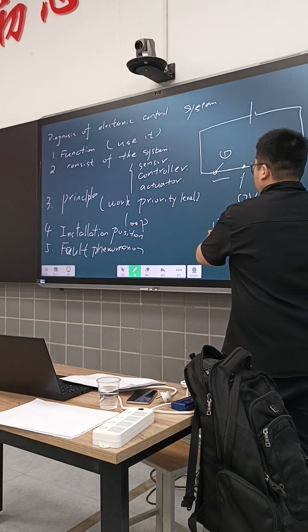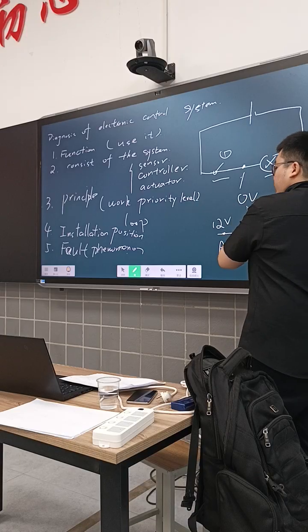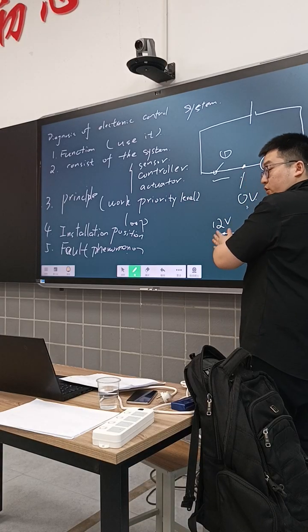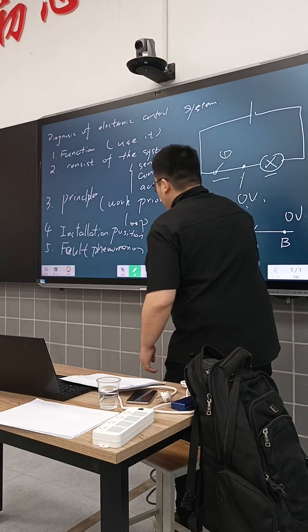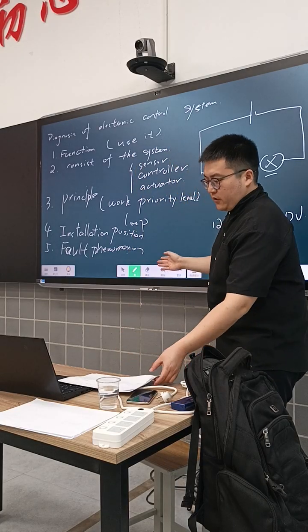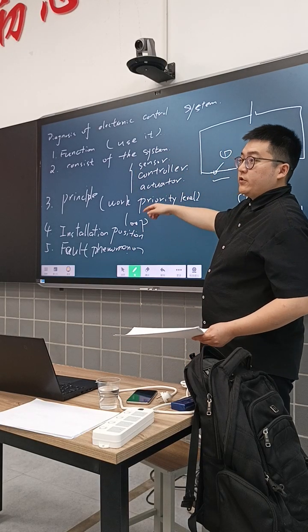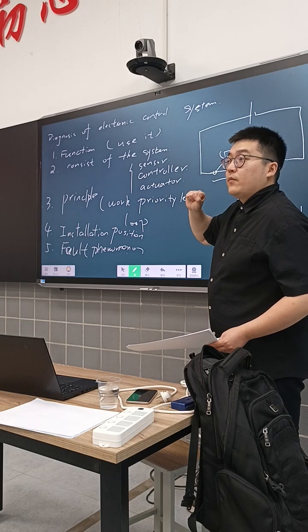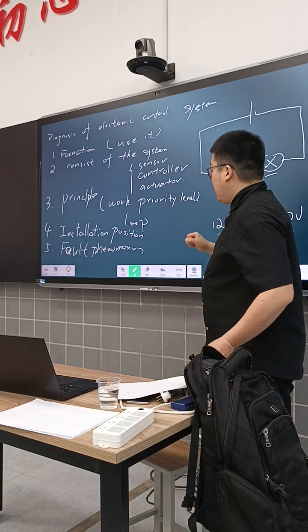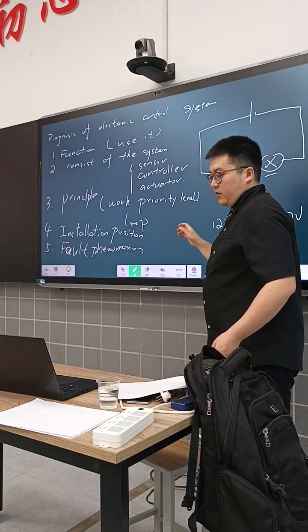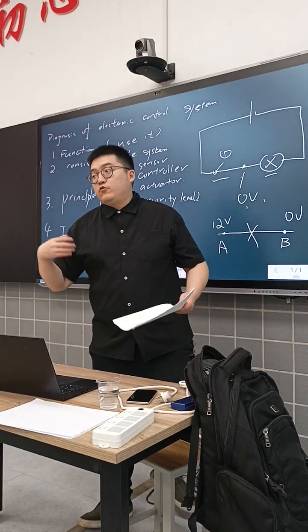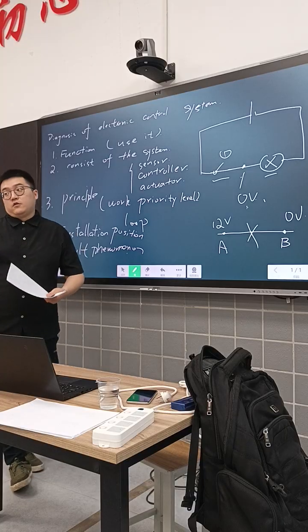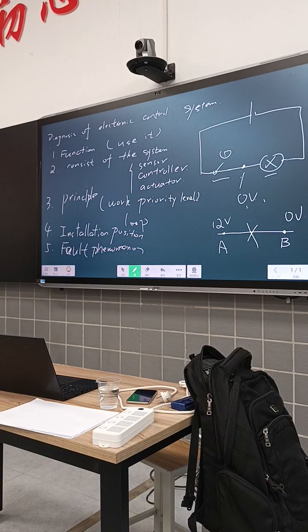So through the test results we can analyze what the problem is. So this is the step we do diagnosis of the electronic control system. And the last step is to repair. When we find the problem, we repair it.